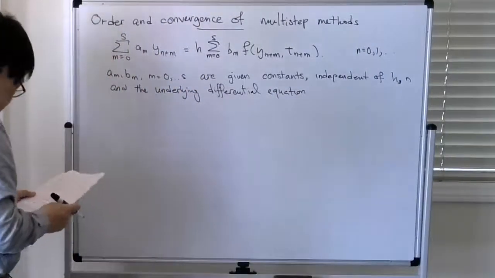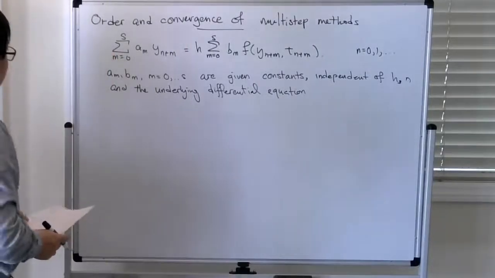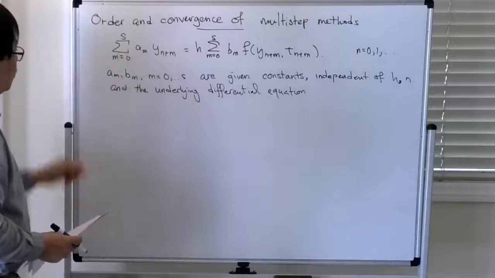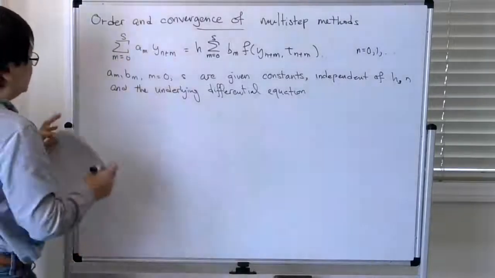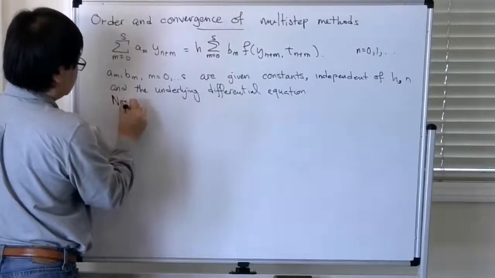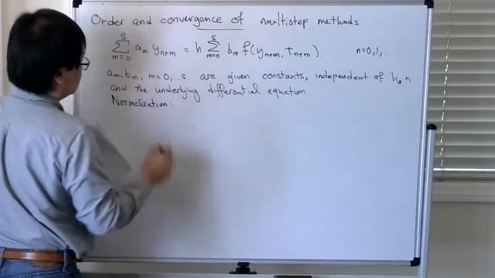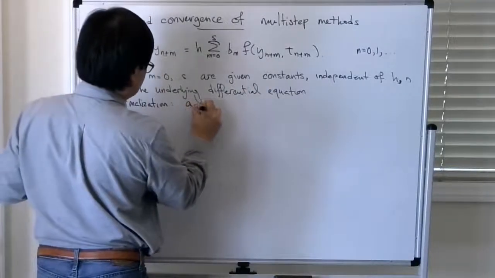Okay, so to normalize this, we're going to require that a sub s is normalized to 1. So there's a normalization. Right, so a sub s is equal to 1.